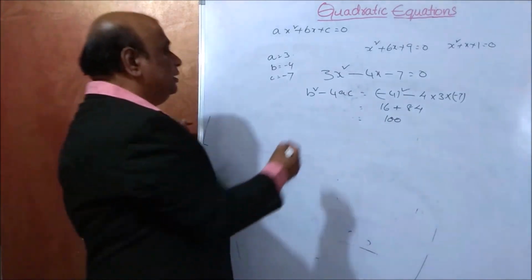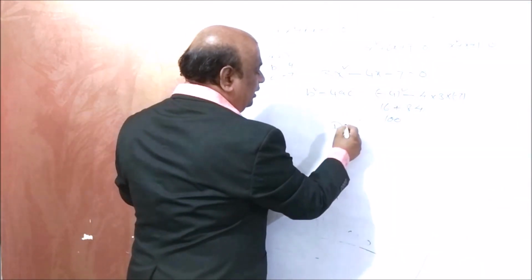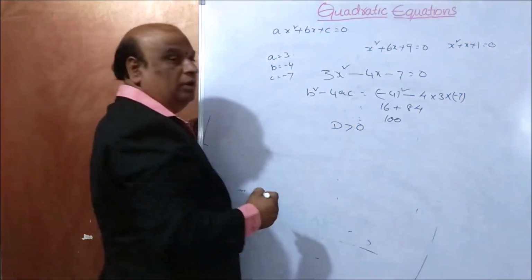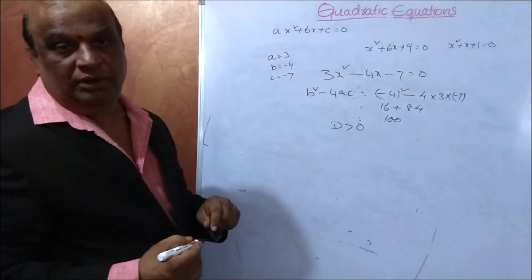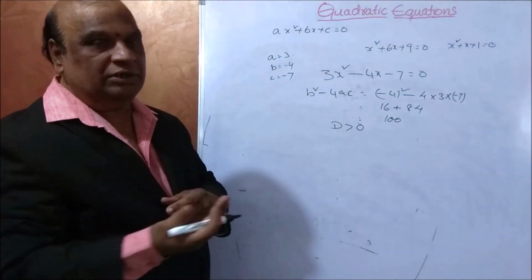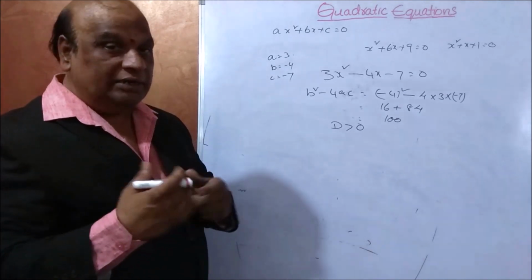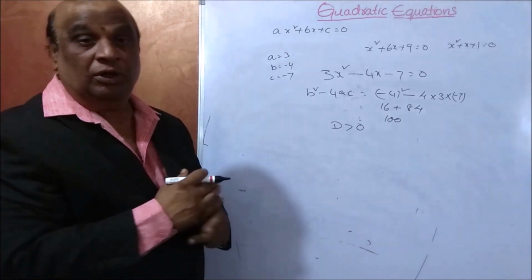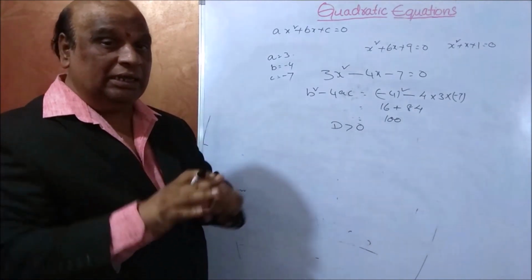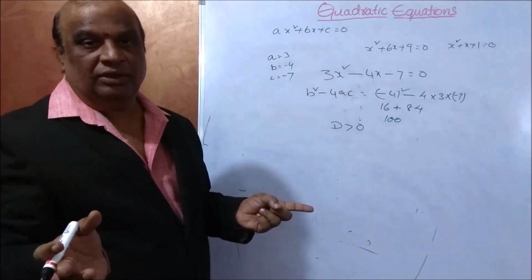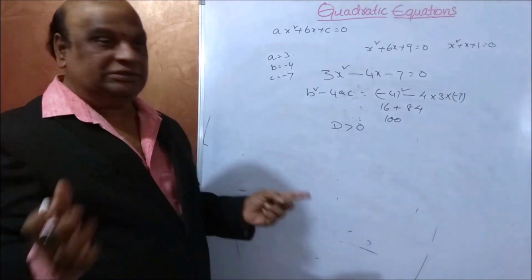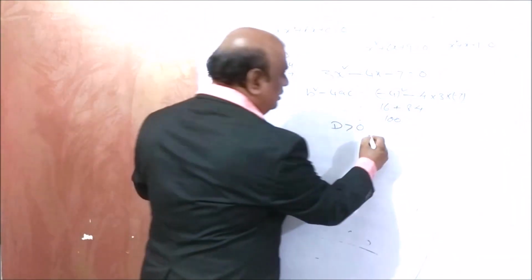100 means D greater than 0. Discriminant is greater than 0. Now what is the nature of the roots? Roots are real and distinct.